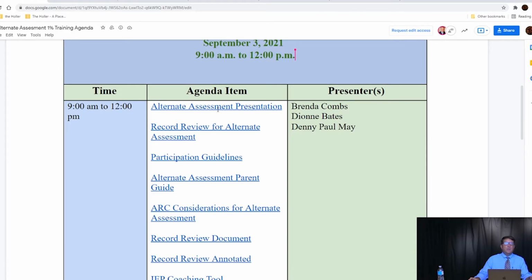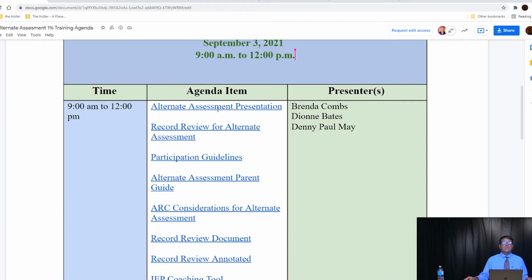And so certainly you will use all of these, and we will go through these with you as we consider all of the things that are going to be necessary to correctly document the need for alternate assessment and for those students that are going to need to be assessed using this alternate assessment. And we'll go through the guidelines. We have the participation guidelines hot linked for you.